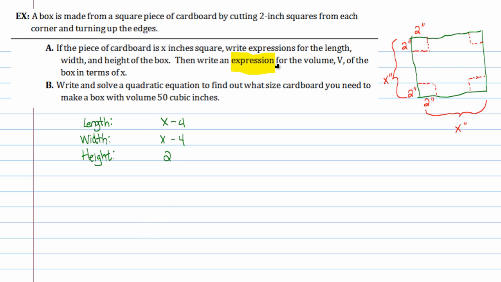Now write an expression for the volume. Well, volume is just length times width times height. That's for a box. Volume is length times width times height. So that's 2 times x minus 4 times x minus 4. And let's see, part B, write and solve a quadratic equation to find out what size cardboard you need to make a box with volume 50 cubic inches.